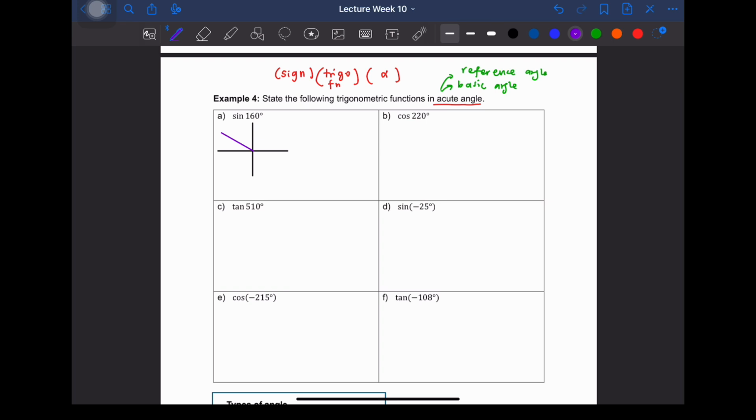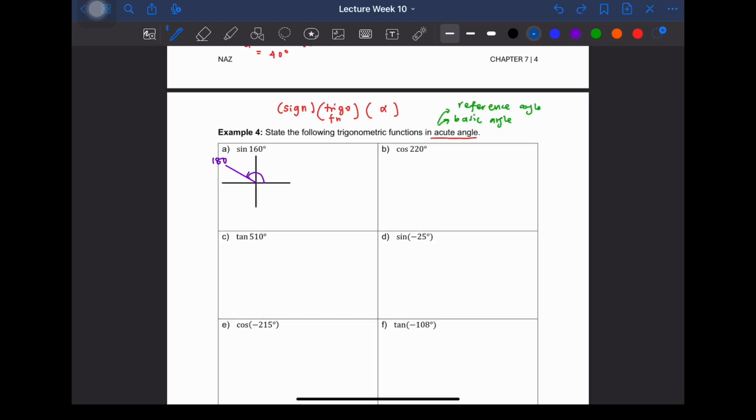From here going to here it's 180 degree, and then it's 160 degree. And we know that this one is 90 degree, over here is 180 degree.